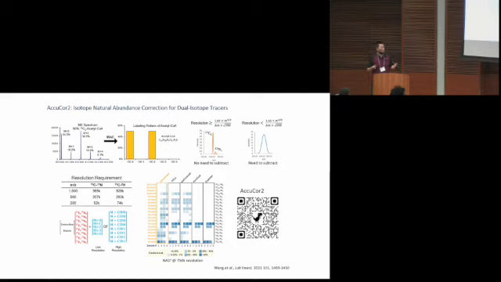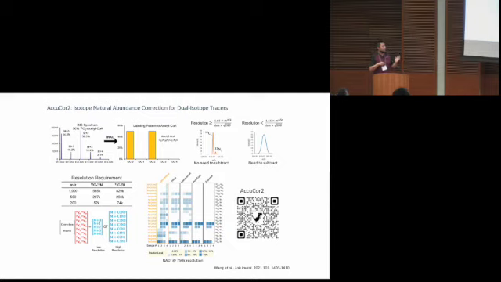As a core manager, we see more and more of our customers nowadays start to use dual isotope tracers in their experiments, and they ask us to do similar corrections for their data. We realized there are no useful tools so far to do this job. That's why we decided to develop the AccuCor2 tool, which is a resolution-dependent algorithm to deal with dual isotope tracer correction.